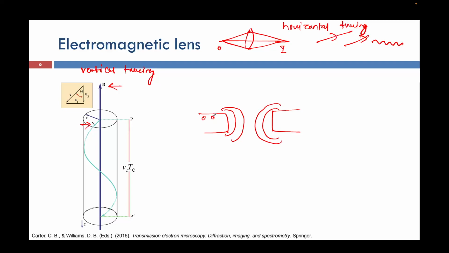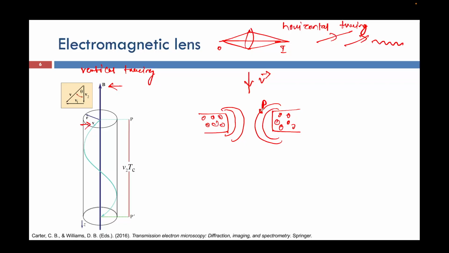This is where my pole pieces are, which are generating the field. So this is the path of my electron currently, right? Let's say at a certain point P, at this point one of my electron beams comes and interacts.